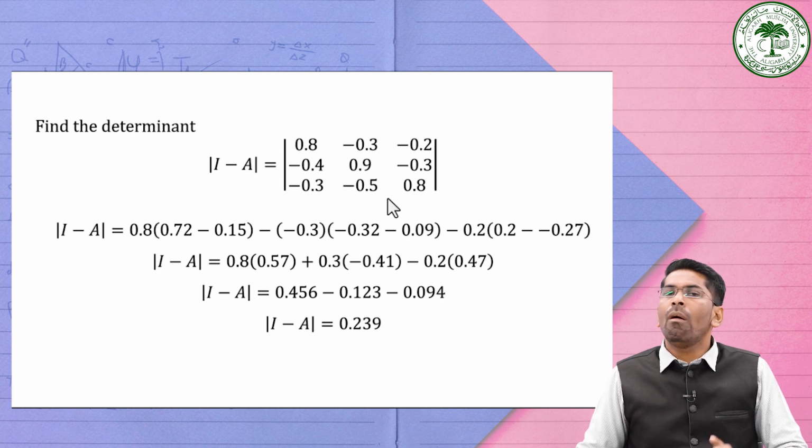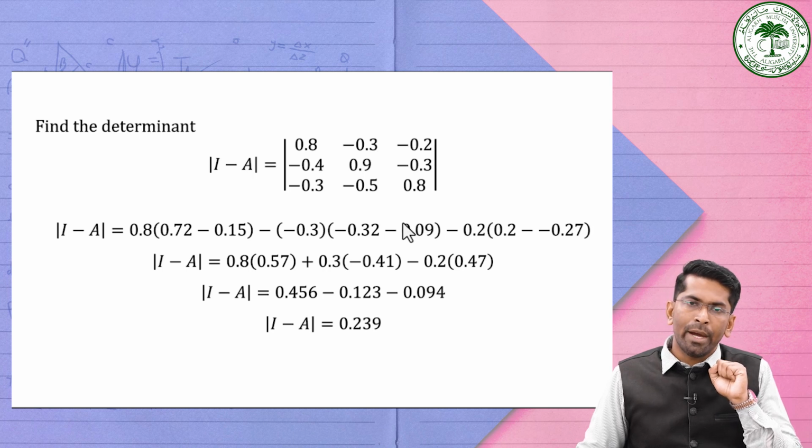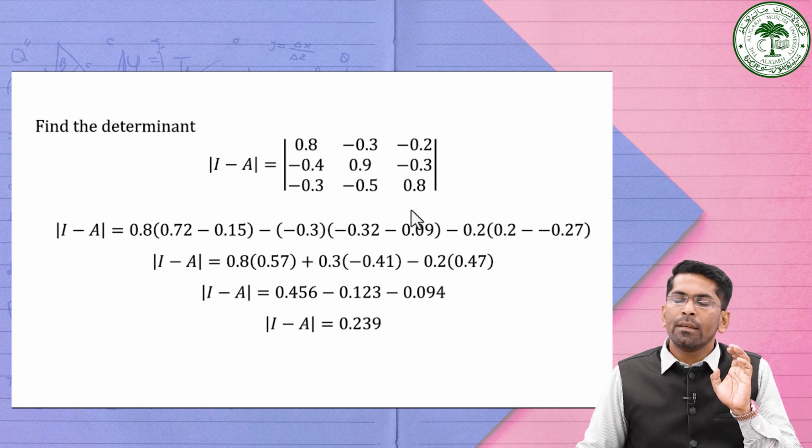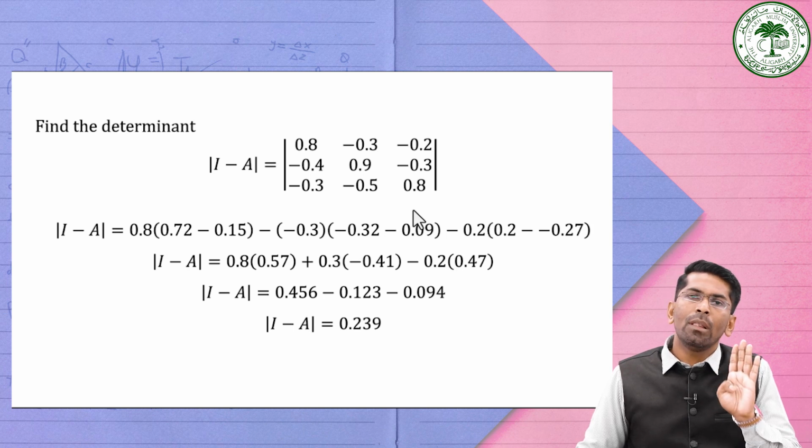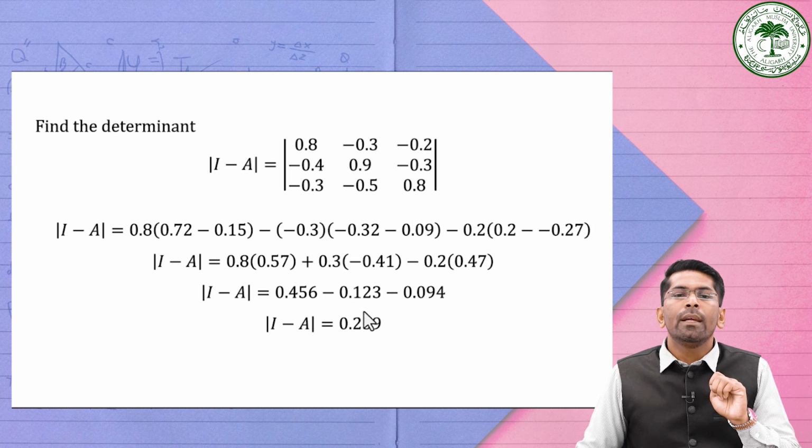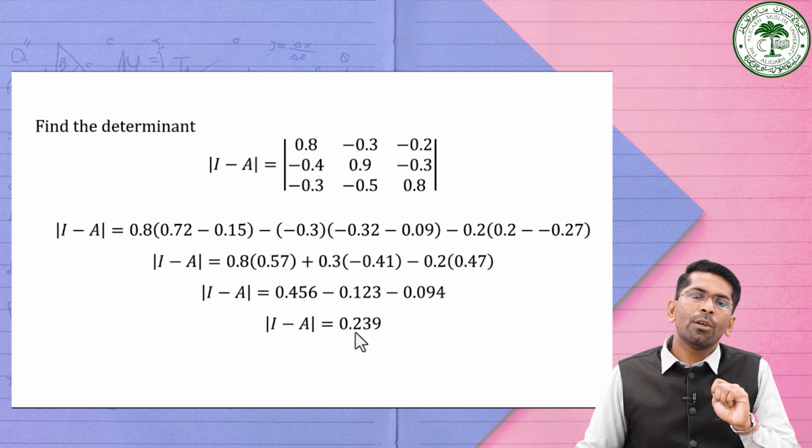Here the Hawkins-Simon conditions are satisfied. The first condition is that all the diagonal elements should be positive. So it is 0.8, 0.9 and 0.8 here. So we can say that the first condition is satisfied, all the diagonal elements are positive. Then the second condition was that the determinant value is greater than 0. So it is 0.239.